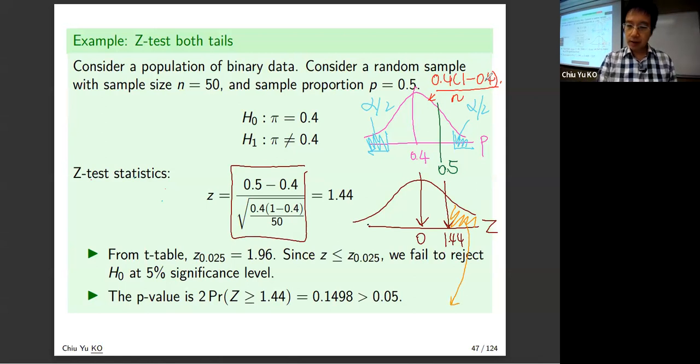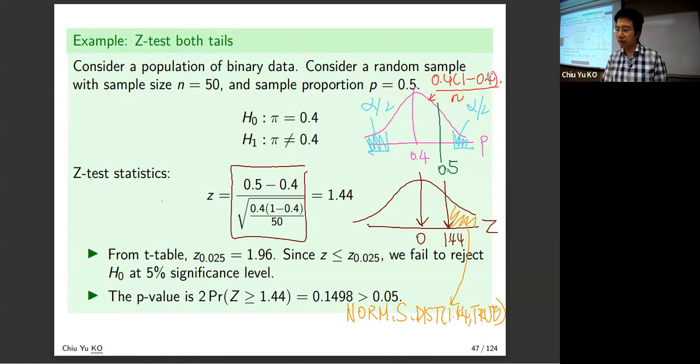So how can we calculate this with an Excel function? This is the area on the left. Subtract it from 1 and we get the area on the right. So the area on the left will be NORM.S.DIST of 1.44.